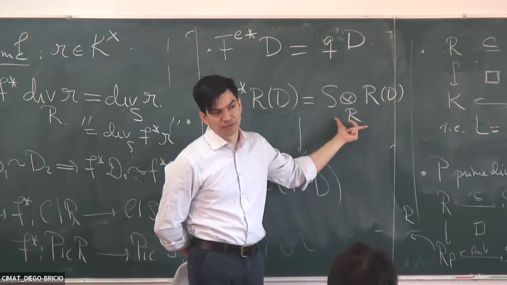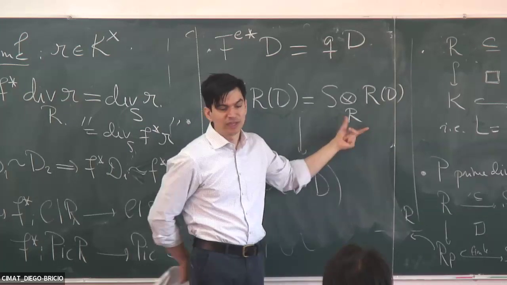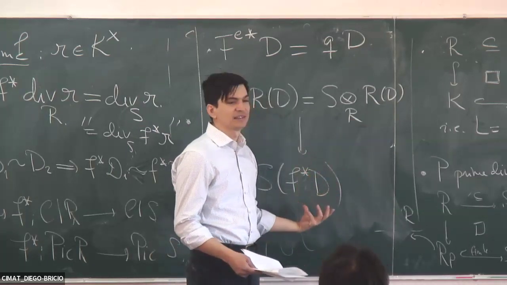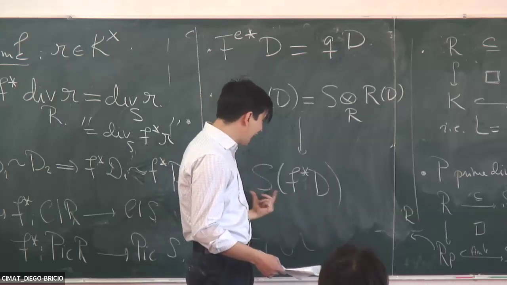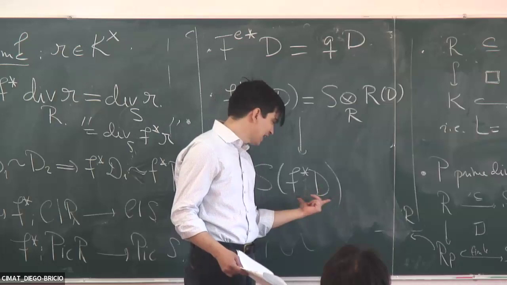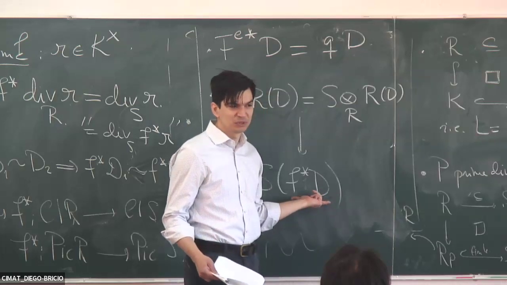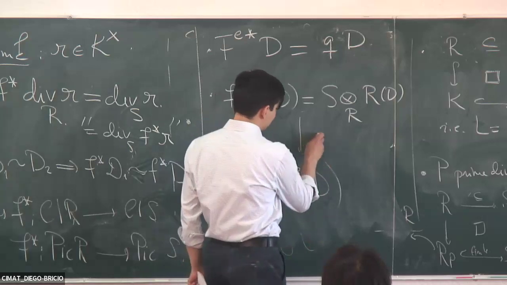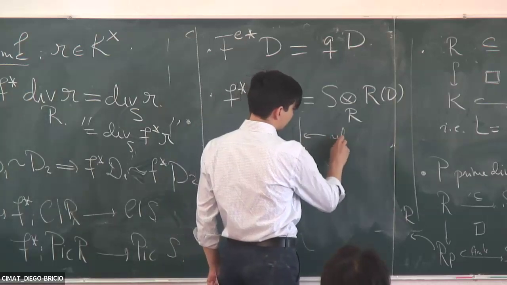So I lose my reflexivity. So what do I have to do? I have to reflexify. Reflexifying means that I should get an element that is S of something. And the question is, what is that something? I defined it for this to be true. So the exercise is that this is the reflexification.